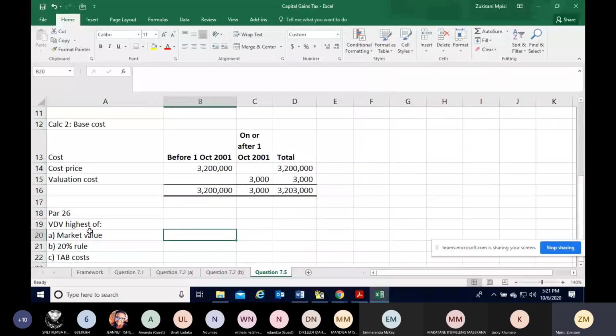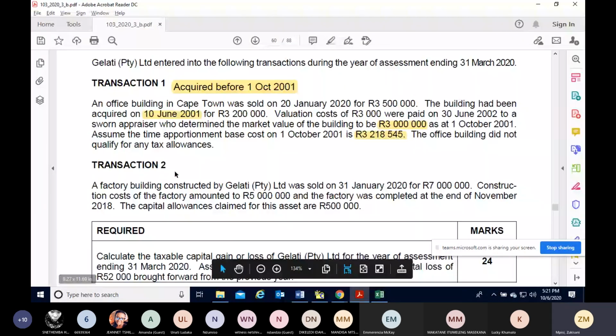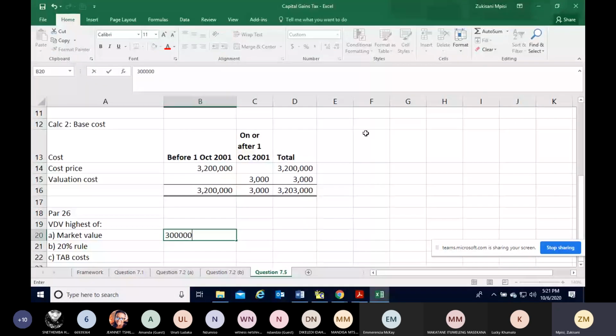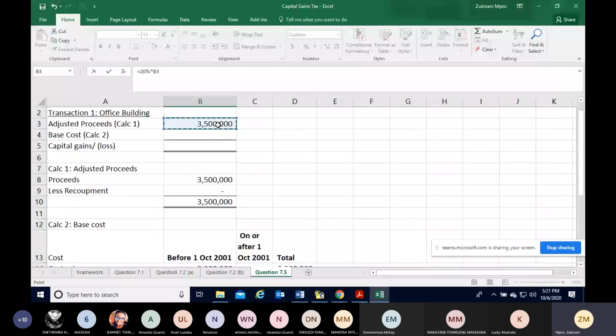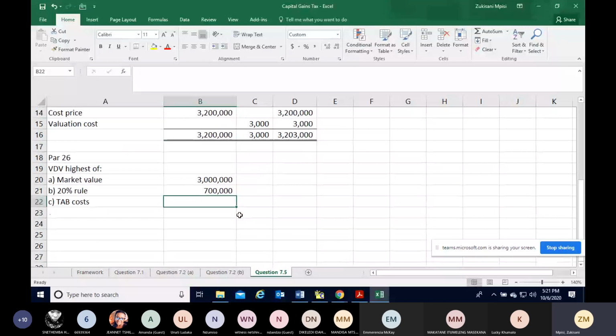So let us look if we've been given these. We are told that the market value was determined by the SARS appraiser to be 3 million. The 20% rule is therefore 20% multiplied by proceeds, which is going to give you 700,000.